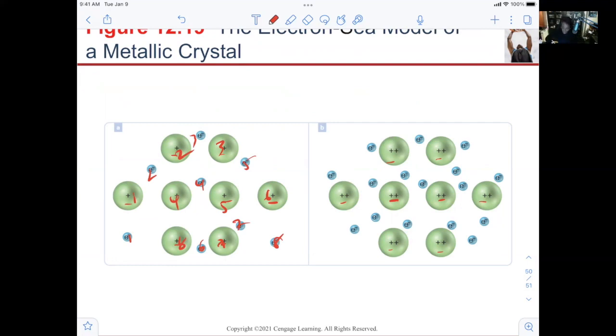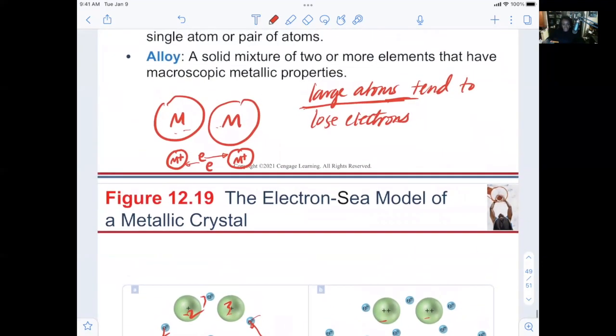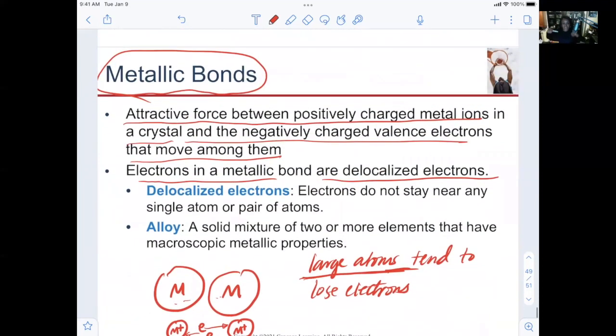So this metal ion here attracts all the electrons, and they all attract the electrons and they all share the electrons. So why do we really care about what happens to the electrons? We care because the ability for these metals to be so generous and share the electrons is what gives metals that unique capability to conduct electricity.